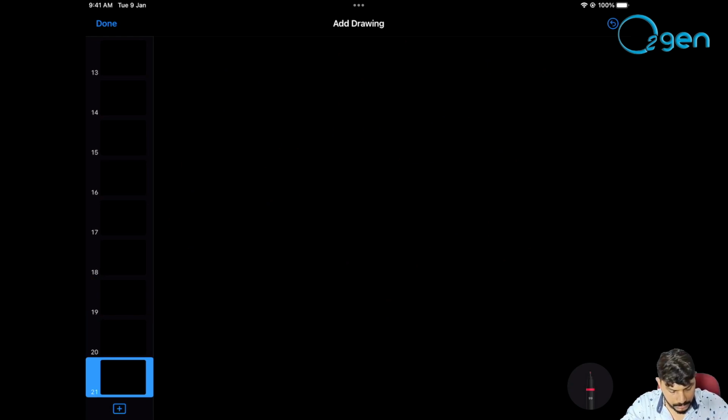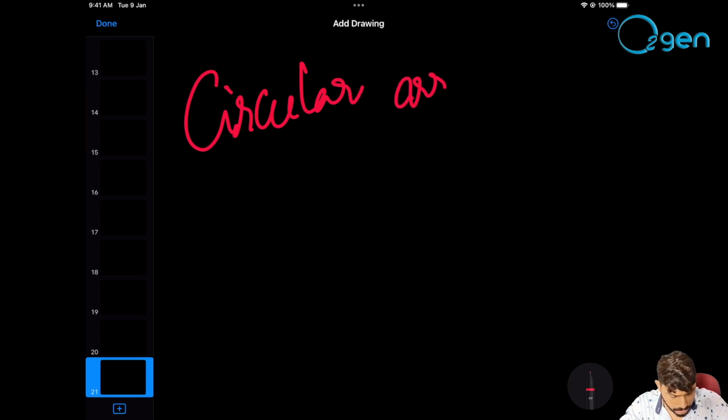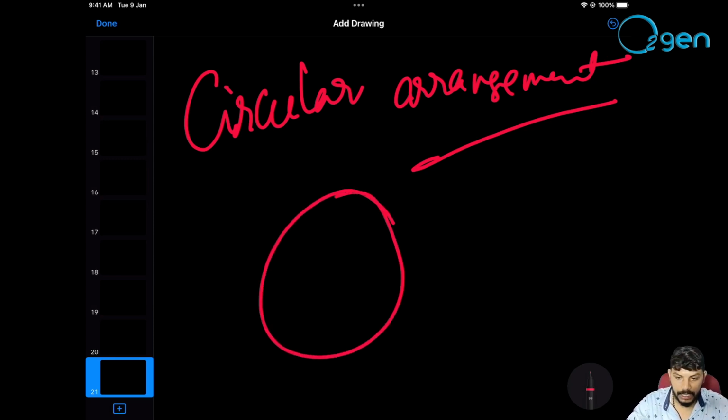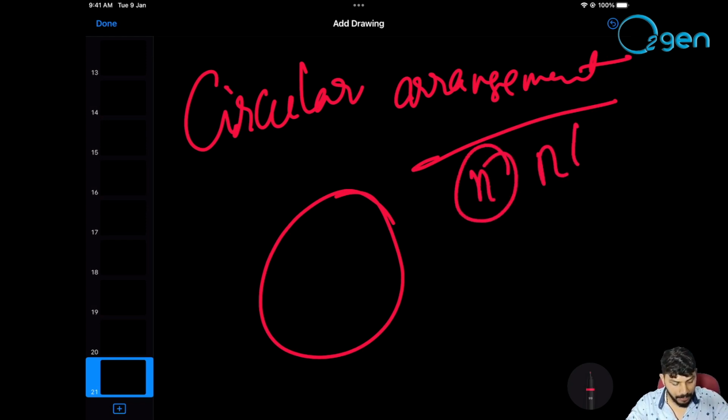So next, it comes under circular arrangement. Circular arrangement is when you are arranging in a circle, or you have to dine in a circle, and the arrangement changes. For example, n different objects can be arranged in n factorial ways.